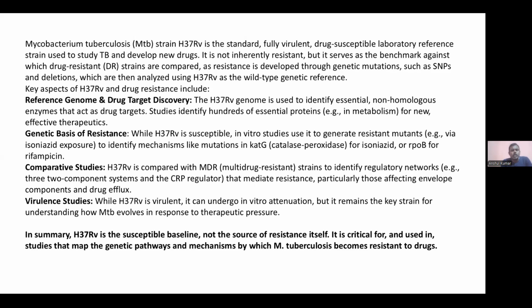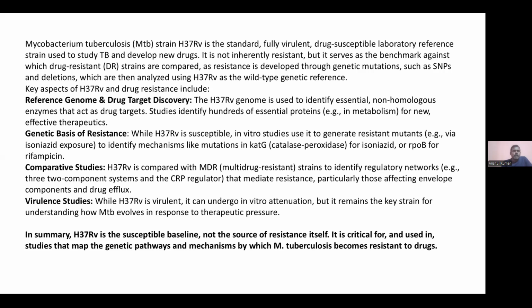Mycobacterium tuberculosis strain H37Rv is the standard fully virulent, drug susceptible laboratory reference strain used to study TB and develop new drugs. It is not inherently resistant, but it serves as a benchmark against which drug resistant strains are compared, as resistance develops through genetic mutations such as SNPs and deletions, which are then analyzed using H37Rv as the wild type genetic reference.